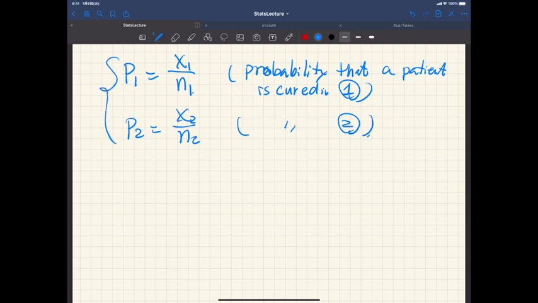What we want to see is whether P1 minus P2 is significantly different from 0.